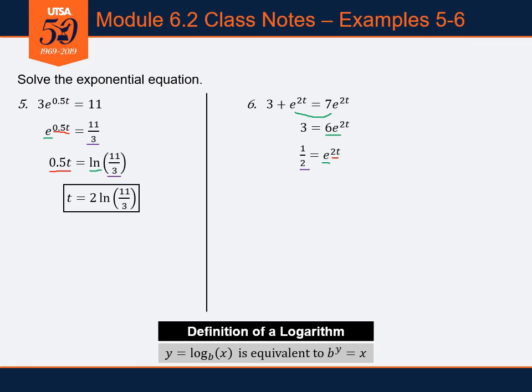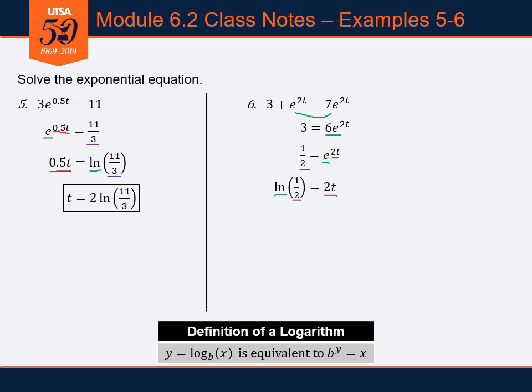Swap that around, rearrange it into logarithmic form where we've got a base e natural logarithm of a result of 1/2 equals a power, that's red, of 2t. Using the definition of the logarithm to simply rearrange the exponential form to logarithmic form.